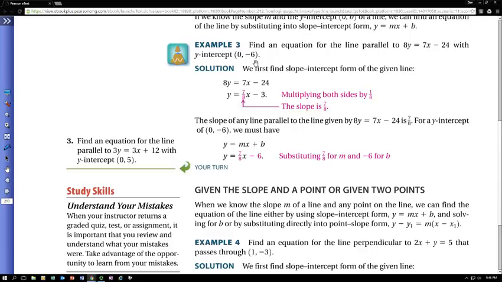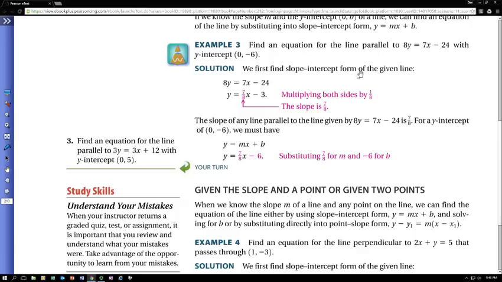Well, what do I need to know, or what's the important information about this line that's parallel to the one I'm trying to get an equation for? Well, I need to know the slope. And slopes have to be the same for parallel lines. So all I need to do is then solve this for y, because then it's easy to get the slope.